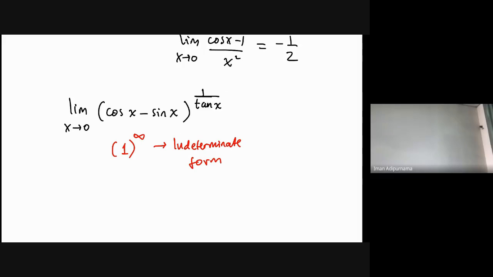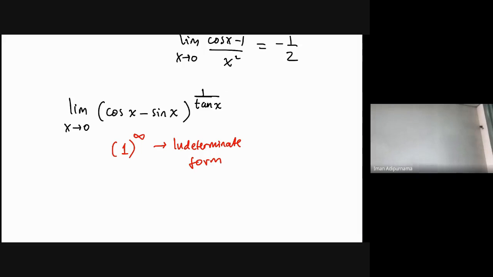But I think doing L'Hopital's Rule, sometimes you will have something really complex and messy. It's doable, but because it's a limit, we can approach another way from this cos, sine, and 1 over tangent.